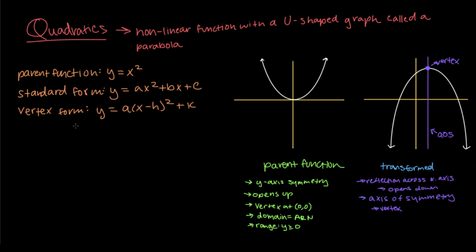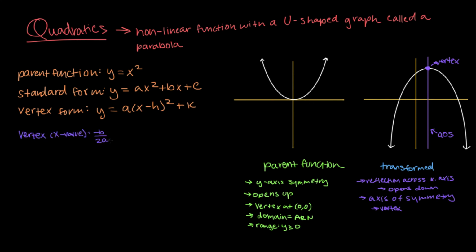And so looking at the vertex form equation, the h value would be the x value of the vertex, and the k is the y value of the vertex. So if you ever want to find the vertex from an equation in standard form, you can always use negative b over 2a to find the x value of the vertex.